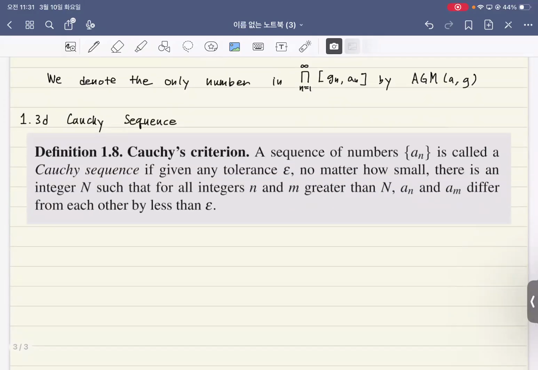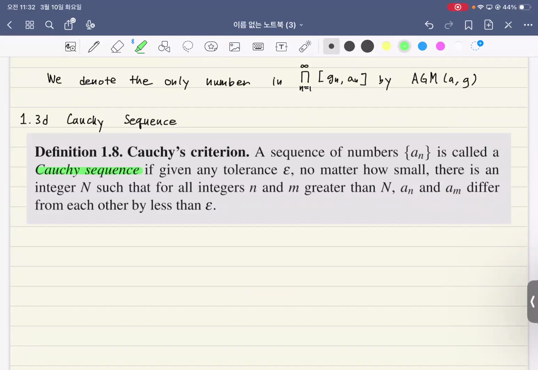Okay. So this definition is trying to define something called a Cauchy sequence. So what is that?